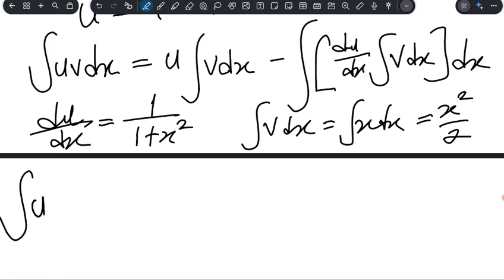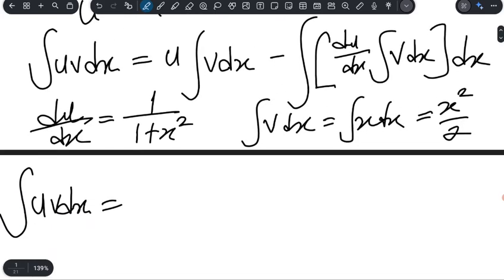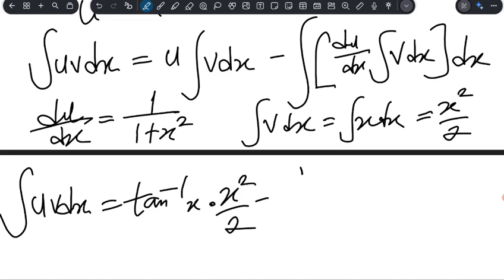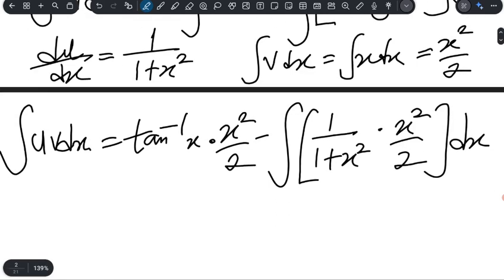So we have the integral of uv dx is equal to, what is the value of u, as we said earlier, arctan x, times the integral of v dx, which gives x squared over 2, minus the integral of, you open a bracket, du/dx, which gives 1 over 1 plus x squared, times the integral of v dx, which gives x squared over 2, all total dx.